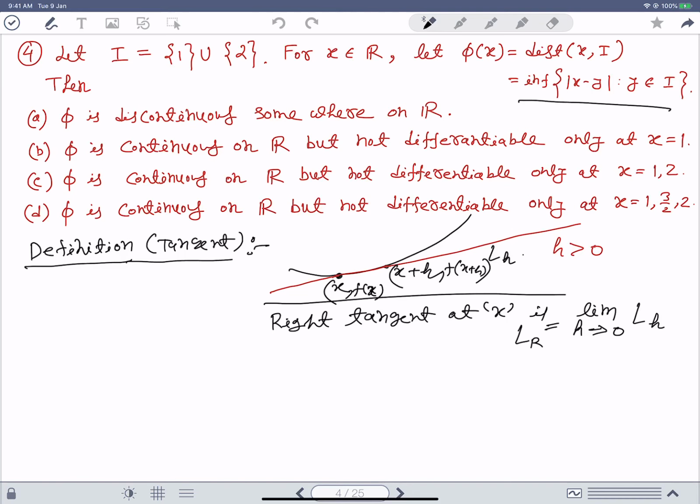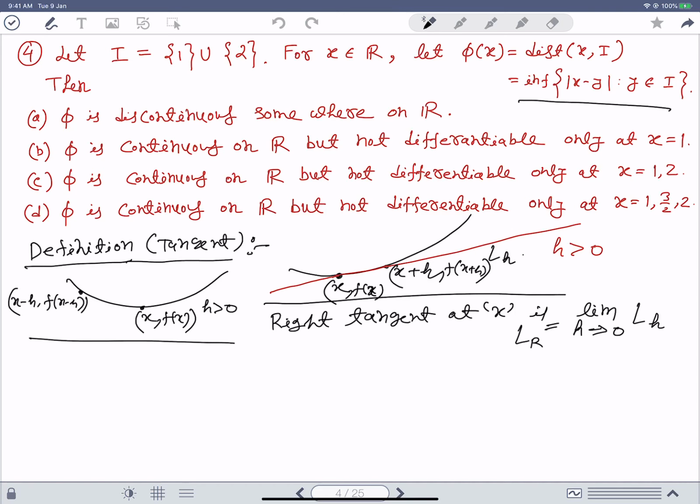Okay. Now, similarly, you can define a left tangent. Suppose again you have a curve, this one say. Suppose you have x, and again you can choose h positive. Now take x comma f of x, and x minus h comma f of x minus h, that point.